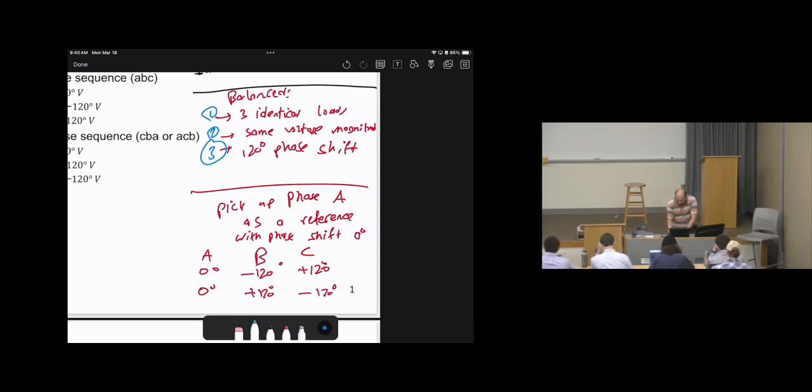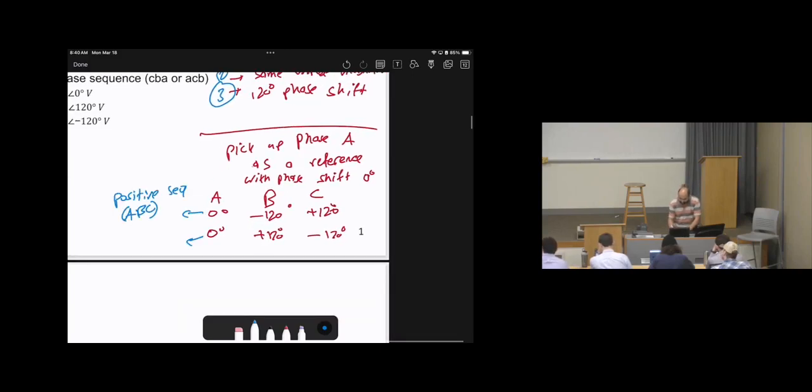The first sequence is called positive sequence, or in other words, ABC sequence. The other sequence is called negative sequence, or in other words, ACB. So you need to memorize this: positive sequence ABC, negative sequence ACB, and how the angles are for each one.